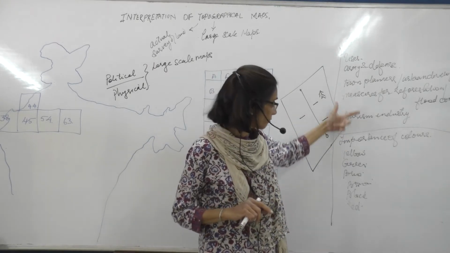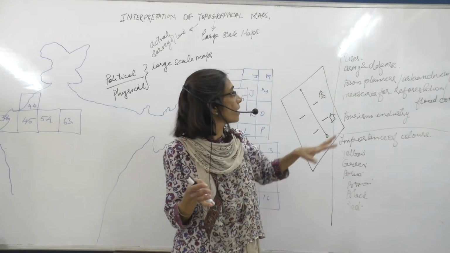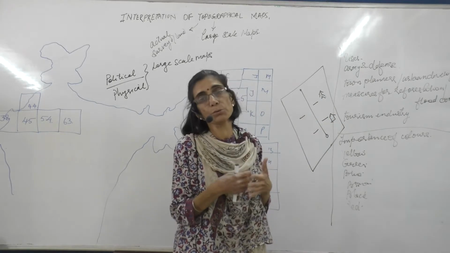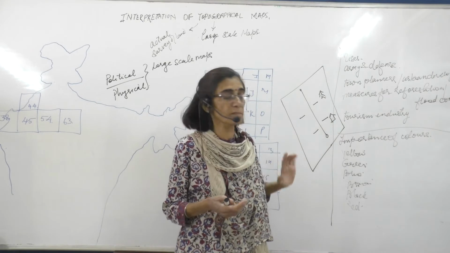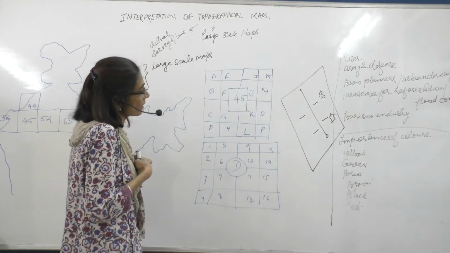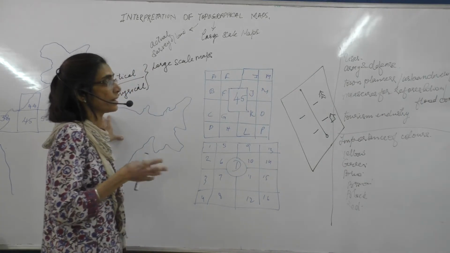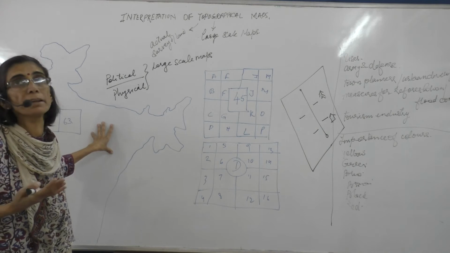Are we using different kinds of colors to show different kinds of objects? What methods are we using? How exactly are these maps read? And then we need to understand for what area these maps are prepared and why they are prepared.